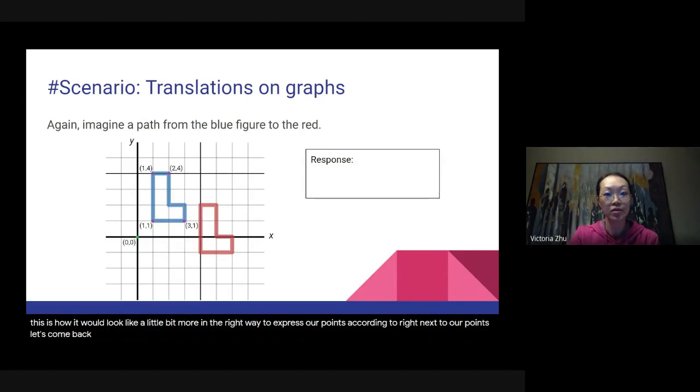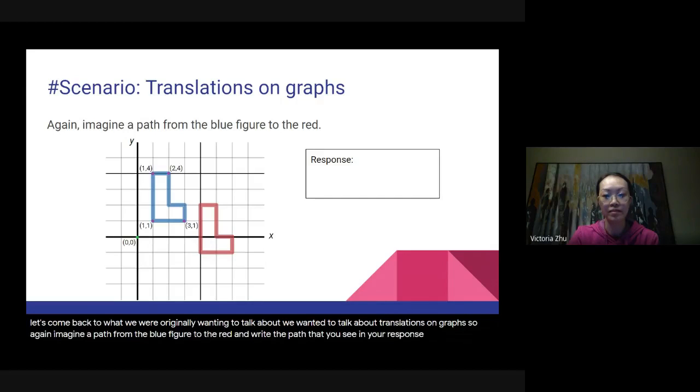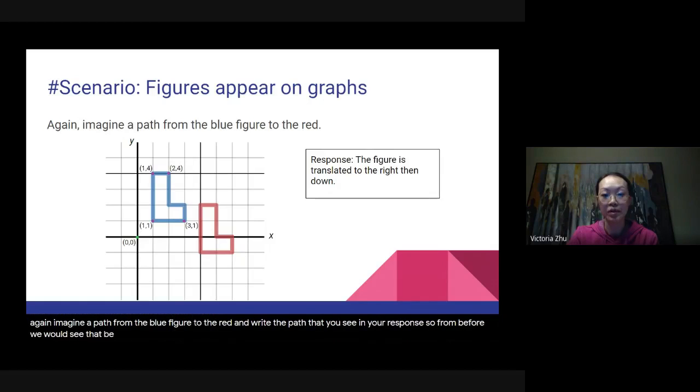So let's come back to what we were originally wanting to talk about. We wanted to talk about translations on graphs. So again, imagine a path from the blue figure to the red, and write the path that you see in your response. So from before, we would see that the blue had moved to the right and then down.